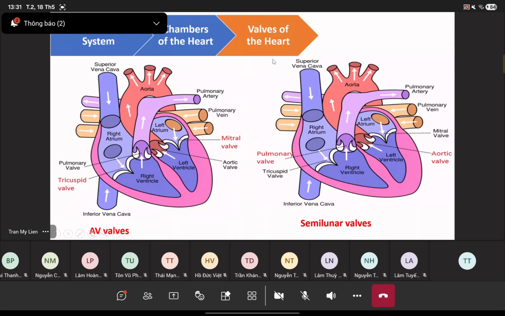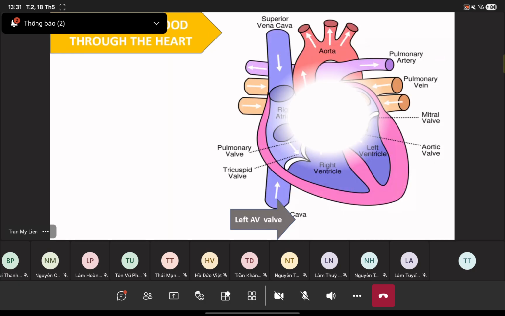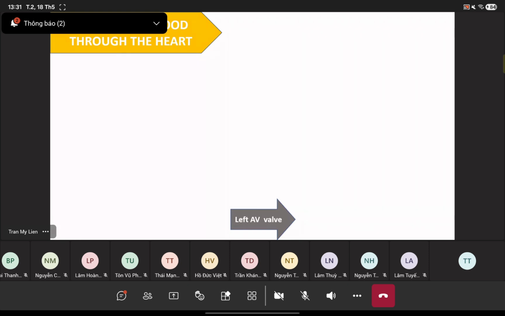The four heart valves prevent the backflow of the blood, making sure that the blood moves in just one direction. Let's have a look at the path of blood through the heart.